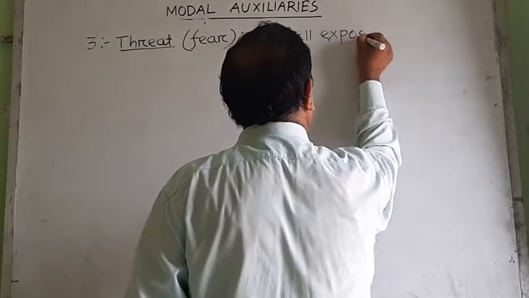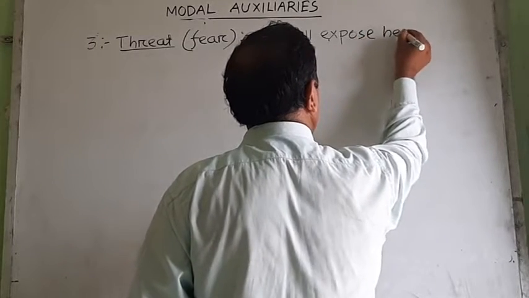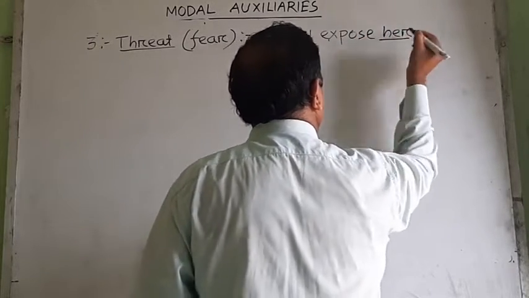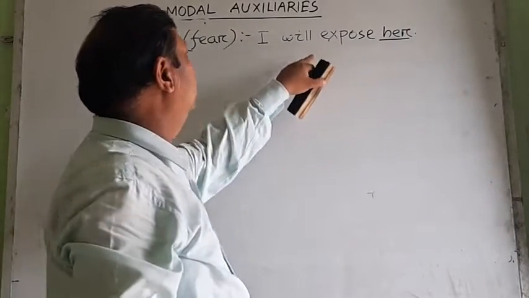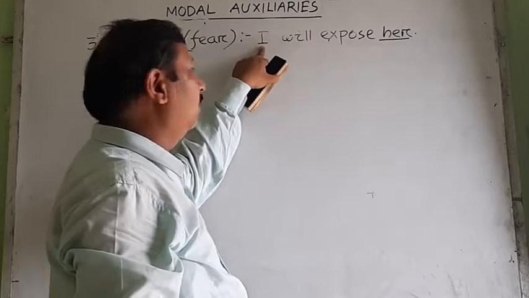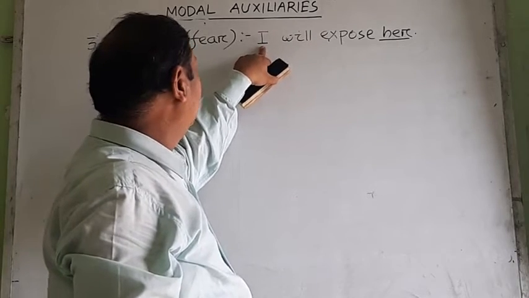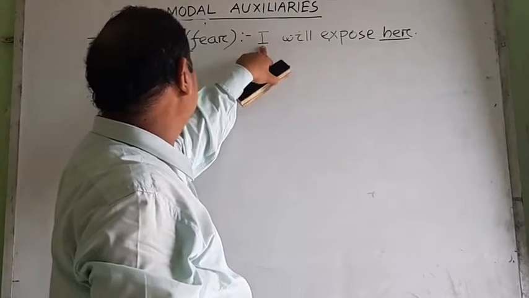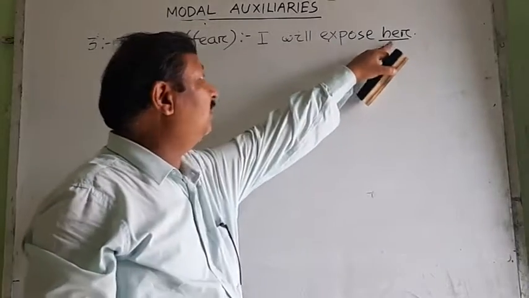I will expose her. See, soon after, see here the words and basically the use of will before the pronoun I, the first person, then automatically it becomes a threat to her.